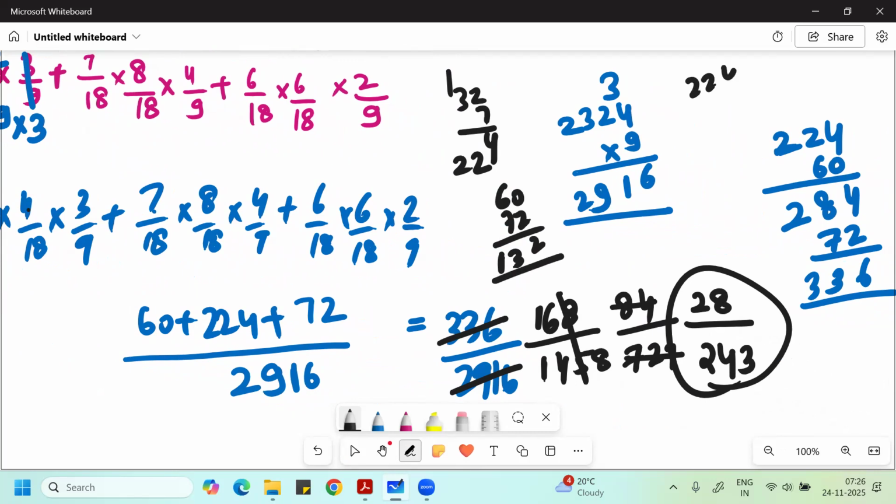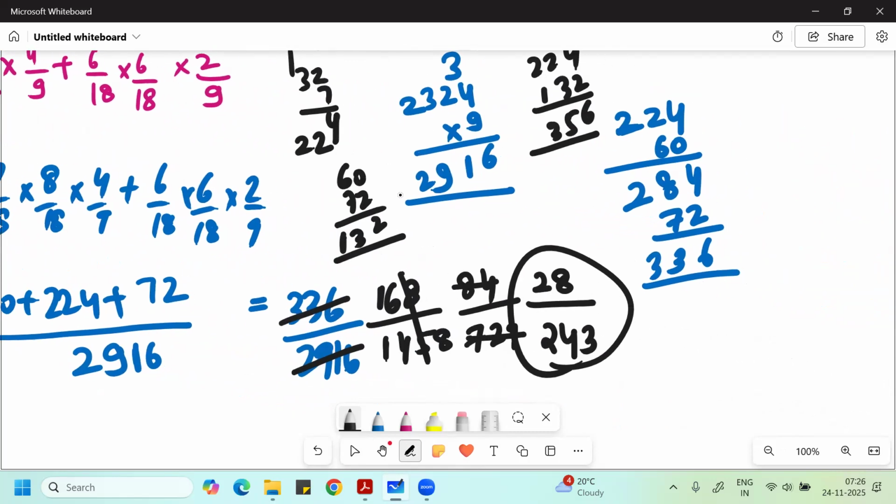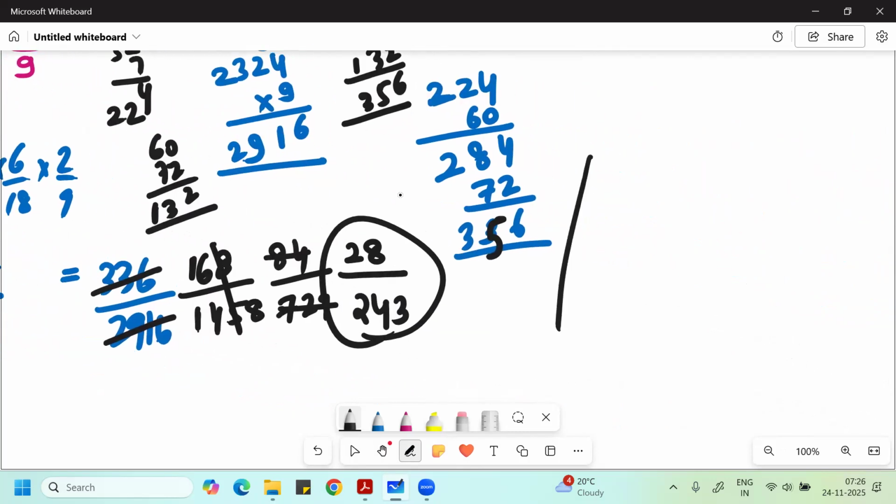So 224 plus 132 is 356. 356, not 336. Okay, this is 356. So the sum would be 356 by 18 into 18 into 9.